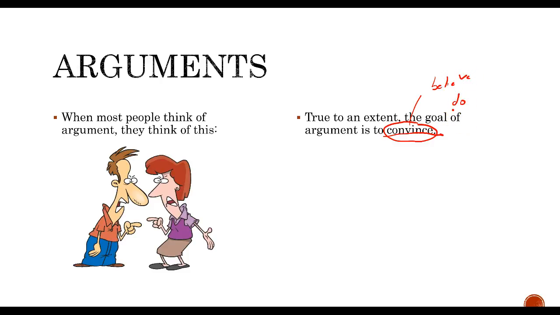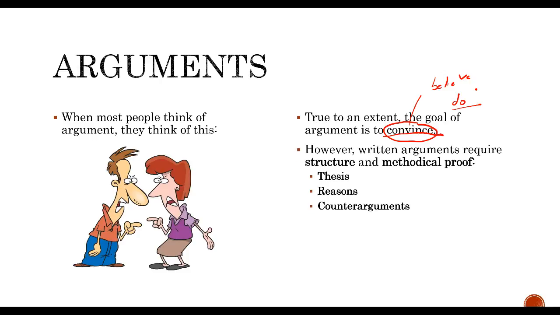So in a successful argument, hopefully the person who's reading or listening to your argument is going to be compelled to do something. If we think about court cases, in a trial the whole point is to either get the jury to believe that a person is guilty or get the jury to believe that a person is not guilty. There we can see this basic idea of argument.